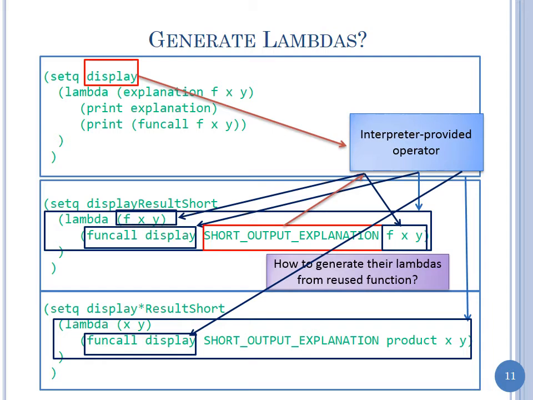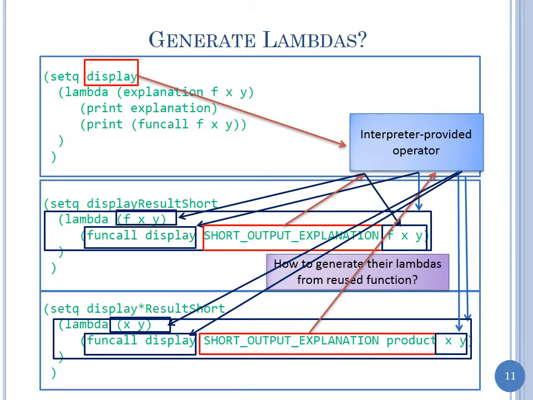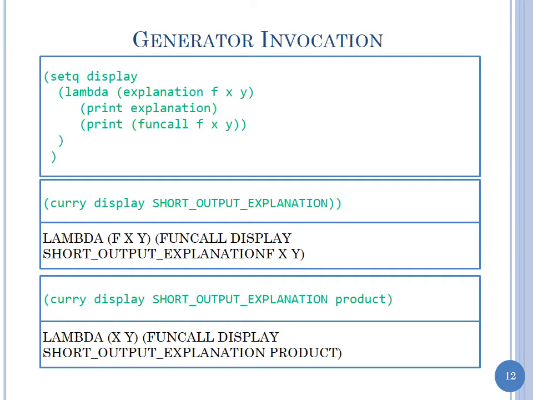So xy must be a parameter, fxy must be a parameter to the lambda I'm generating, and fxy parameter must just be passed to this function display from which I'm generating this function. Okay? And similarly, in this case, we have a list of 2 parameters. So we have fixed 2 of them. That means 2 are left. Okay? So those are the 2 that we'll declare in the lambda, and those are the 2 we will pass along. Okay? So that's the general idea, and that operator is called curry.